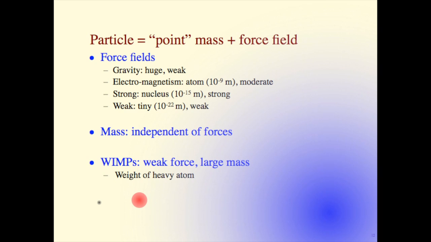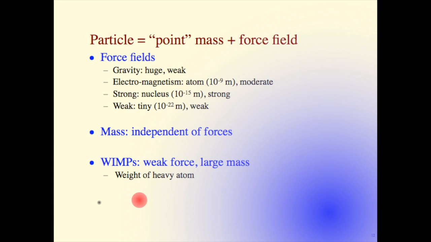But we can tell by what we've seen in atom smashers that for the fundamental particles, the quarks, neutrinos, electron, the mass is all in a tiny spot in the center. And then also going along with it is a force field. And the force field determines its size, and the force field and the mass are not really logically related.